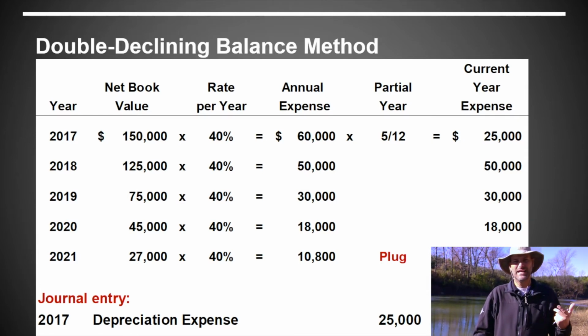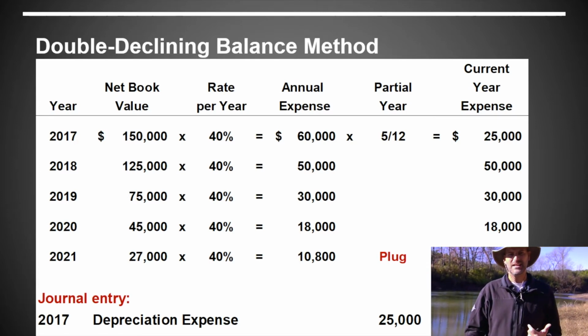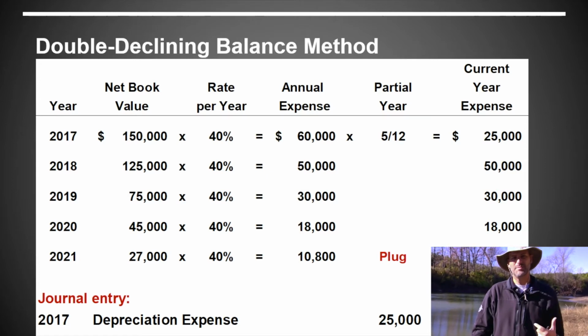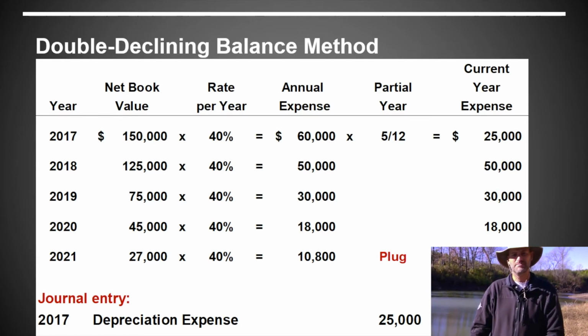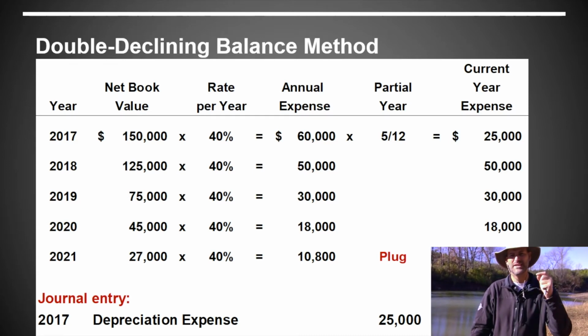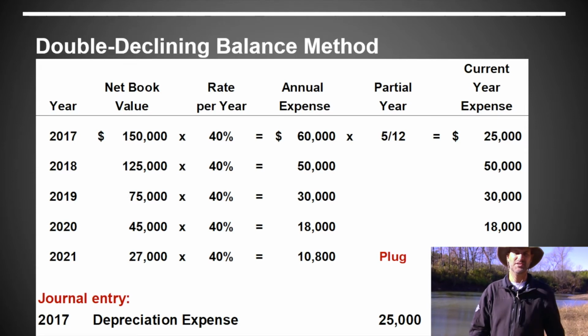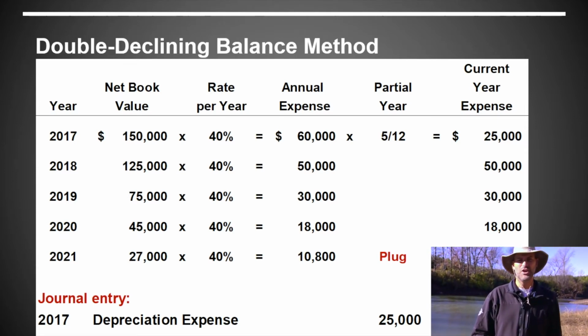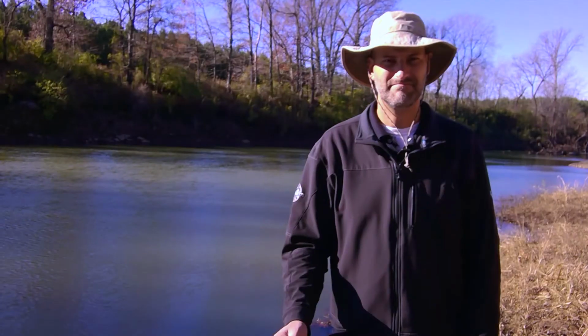So we can't run a depreciation expense of $10,000 through in the last year, because we have to stop at $24,000. So we're only going to take the 27 down to the 24 through a depreciation expense of $3,000 in the last year. That gives us a salvage value at the end of this period of $24,000, and we're all done. So that is the double declining balance depreciation method.